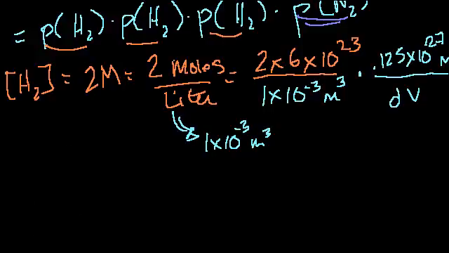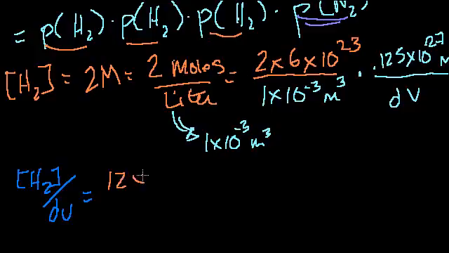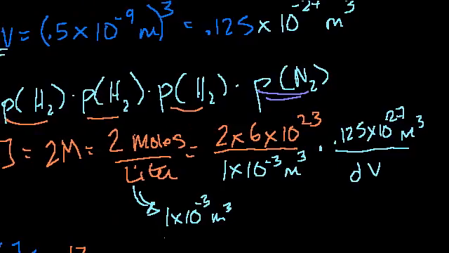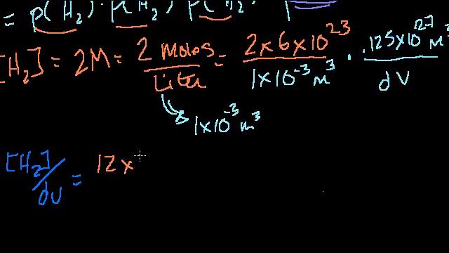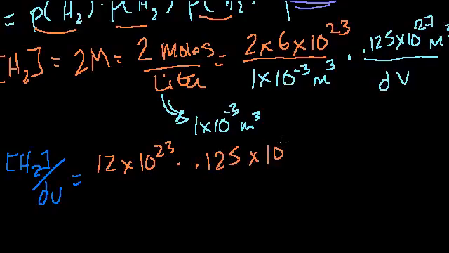So my hydrogen per box, my concentration of hydrogen per dV is equal to 12 times 10 to the 23rd power times 0.125 times 10 to the minus 27th power, all of that divided by 10 to the minus 3. That's 1 times 10 to the minus 3.